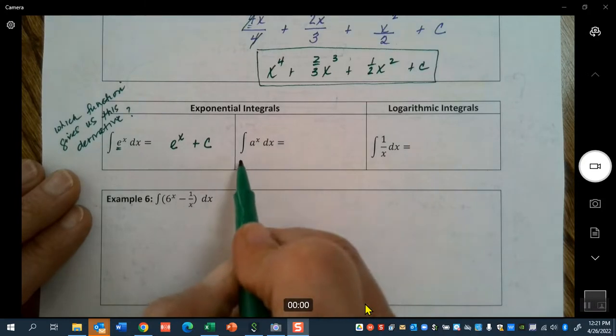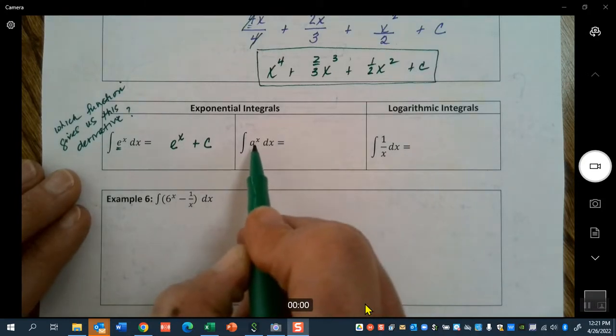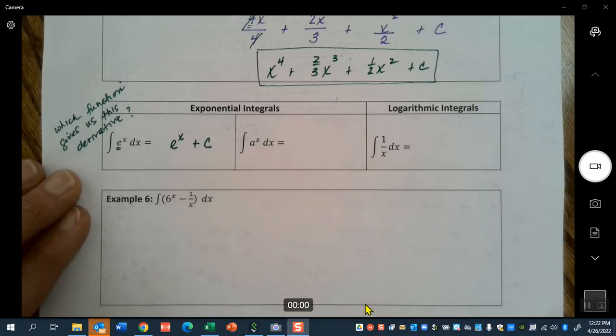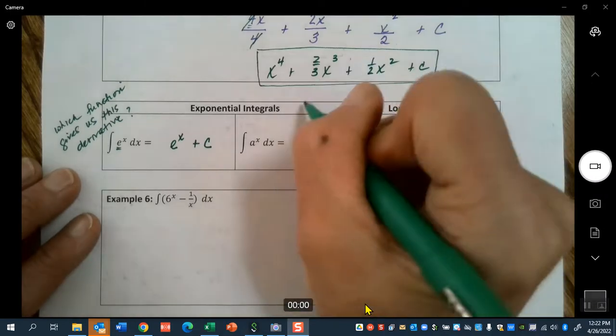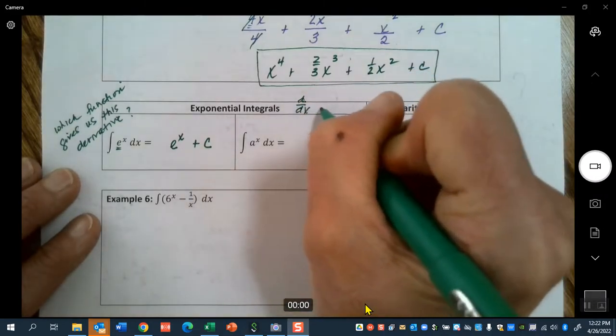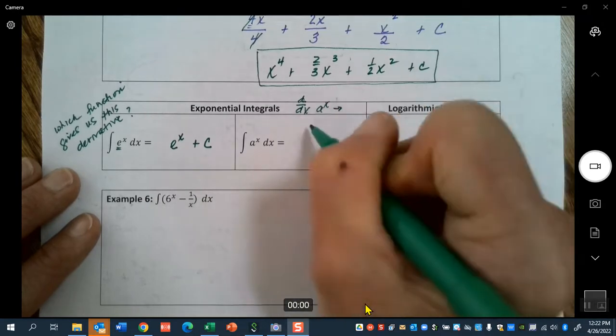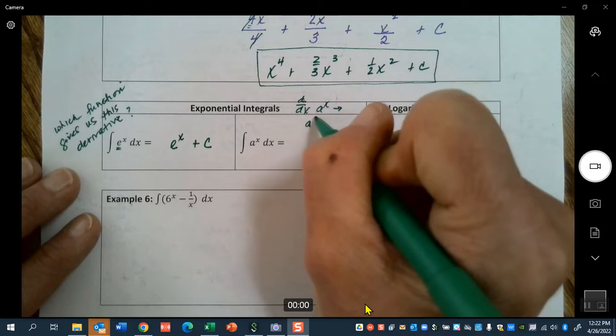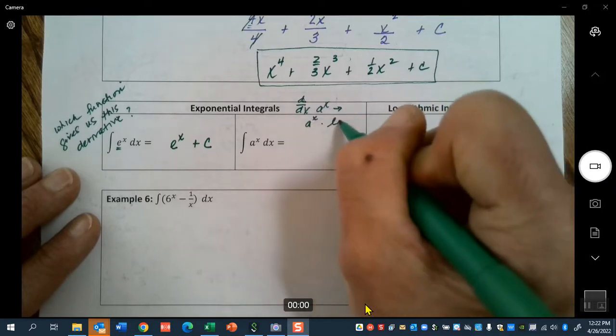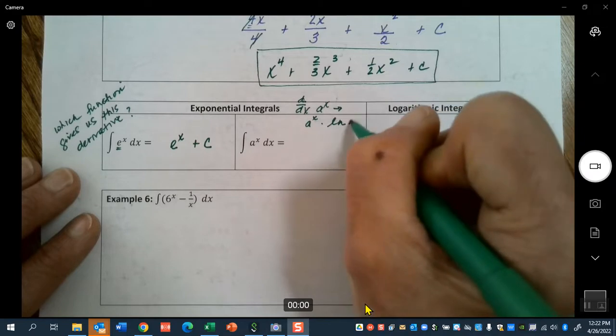All right, the integral of a to the x. Let's talk about that. So let's think about if I wanted to find the derivative of an exponential function. So I know that the derivative of a to the x is going to be a to the x times the natural log of a.